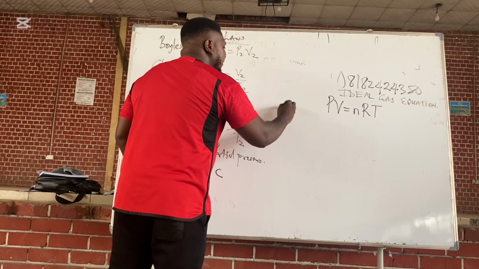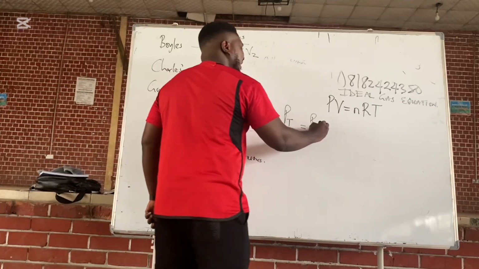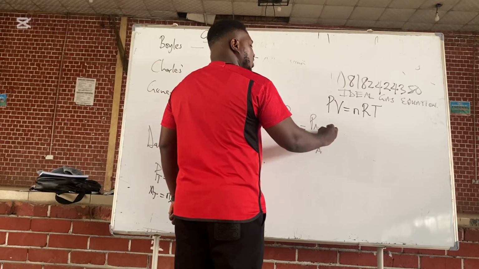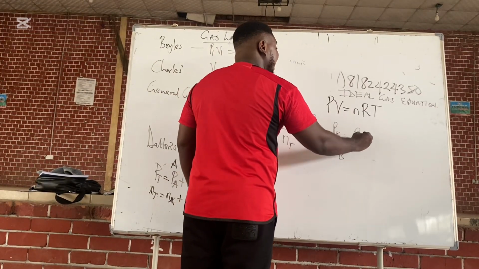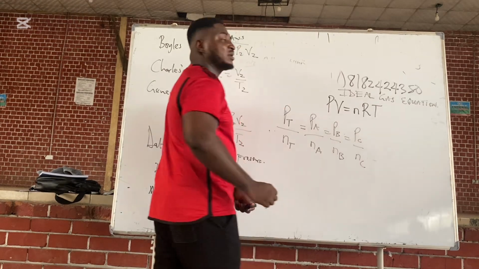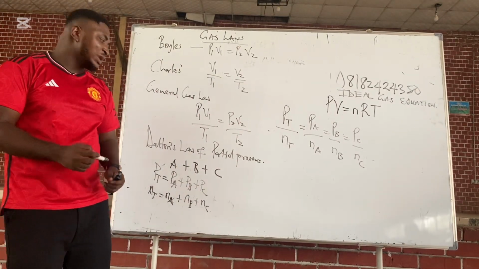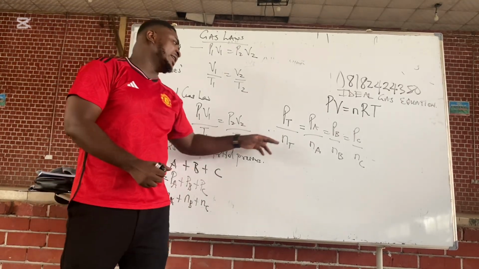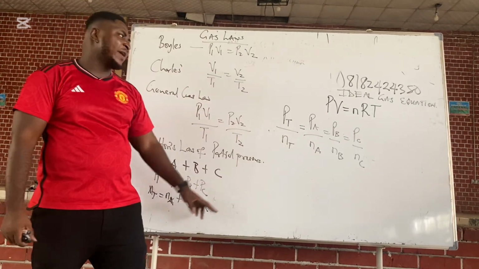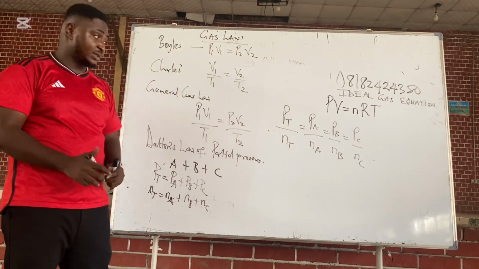Class, the total pressure over total number of mole equals pressure of gas A over number of mole of gas A equals pressure of gas B over number of mole of gas B, equals pressure of gas C over number of mole of gas C. Take notes. So class, I can give you that the total pressure of the gas is so and so. Find the total number of mole, or find the pressure of A, or find the pressure of B. This formula will help you to do it.